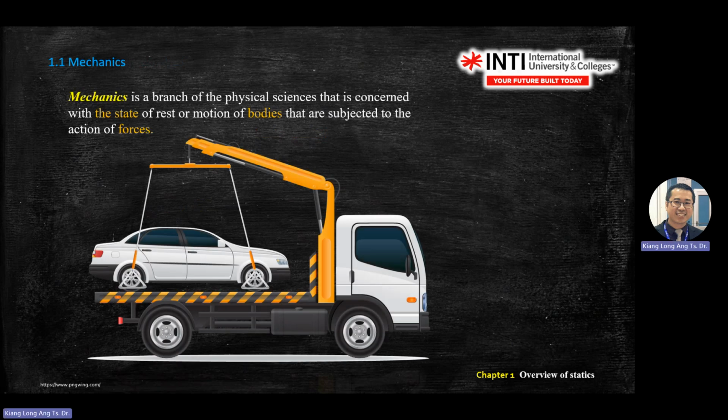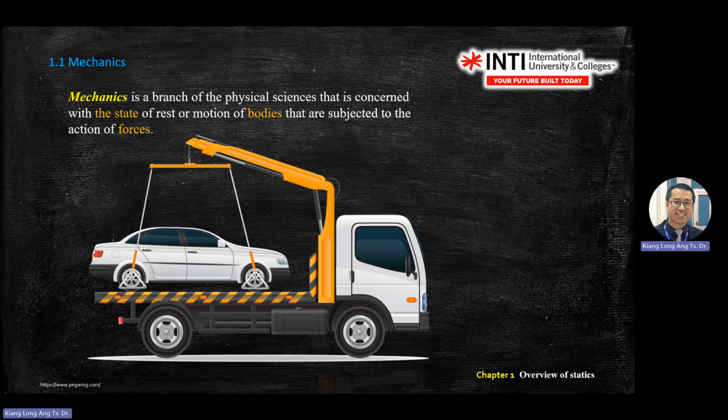Okay, now we start to look into mechanics. What is mechanics? In mechanics, we look at how a body performs under forces. Mechanics is how the body performs when you give some forces to it. For example, these cars and these lorries can be static, which means they don't move.